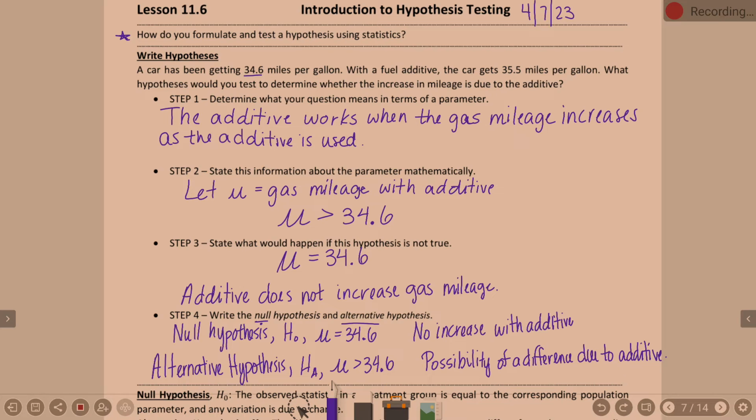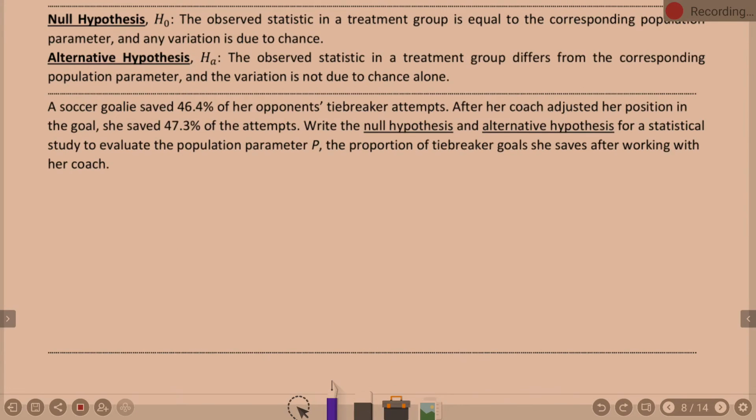Now, the next thing I have is an official definition of null hypothesis and alternative hypothesis. I keep repeating some of the same stuff, I know, but I'm trying to get the idea in your head. So officially, null hypothesis, H sub 0, as you see up there: the observed statistic in a treatment group is equal to the corresponding population parameter, and any variation is due to chance.